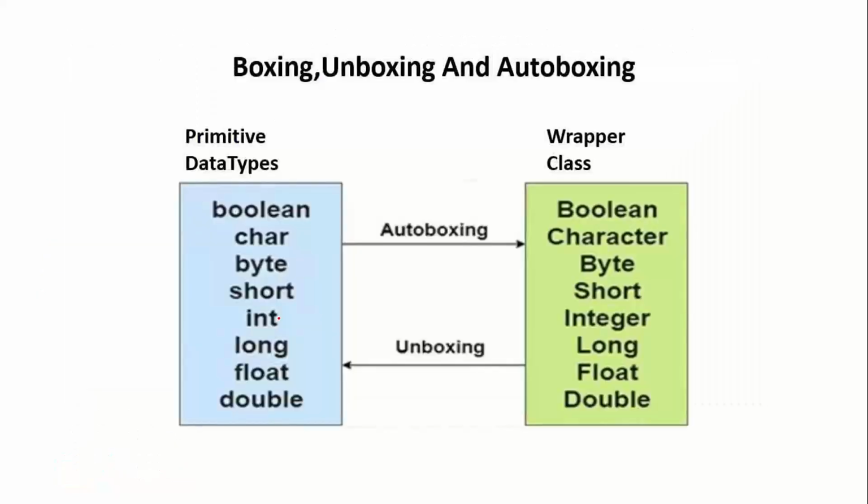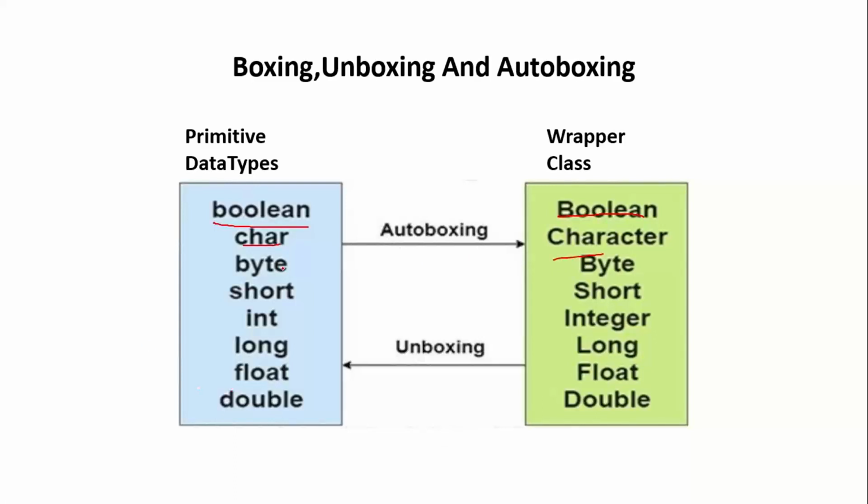Next, this is your actual primitive data types and the corresponding classes for those. See, primitive data types. If you want to convert a boolean value, you have to use this Boolean wrapper class. Character, Character.